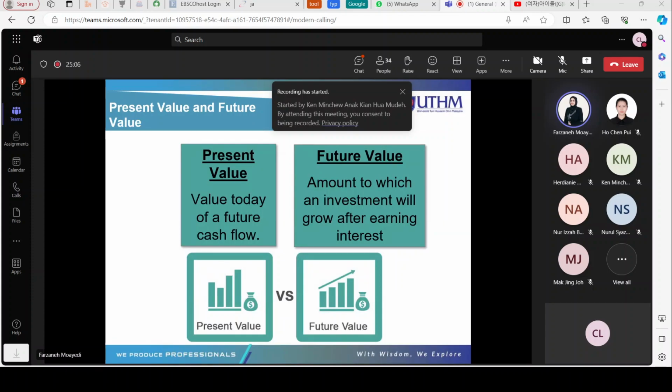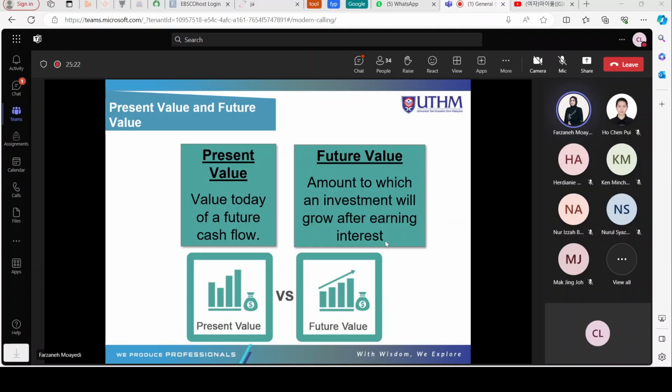Whereas future value is the amount to which an investment will grow after earning interest. Similarly, for example, when you are saving or investing your money in the bank, and the bank is giving you an amount of interest, how much will you have in the future?